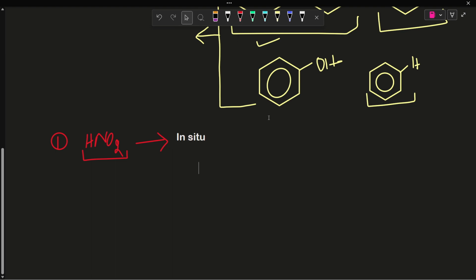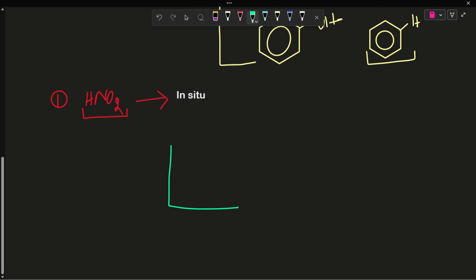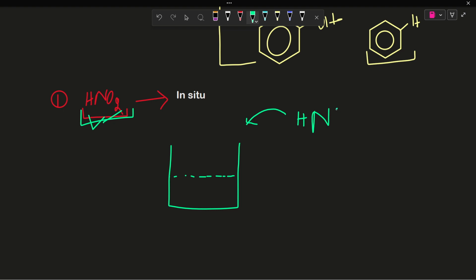Let me show it to you. If we have this reaction mixture and we want to add nitrous acid to it, we won't be directly adding HNO2. Why? Because it is very unstable and we usually don't have this in our labs.